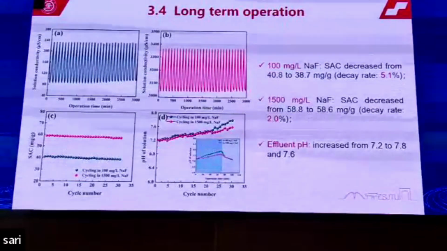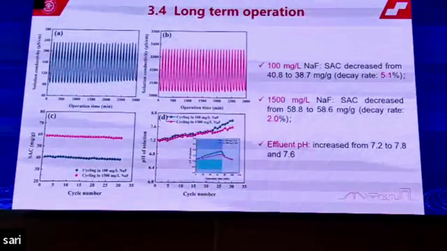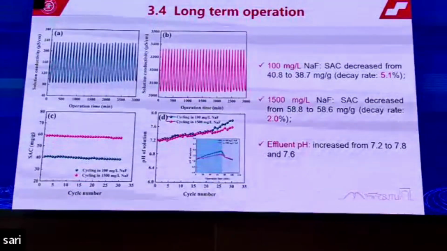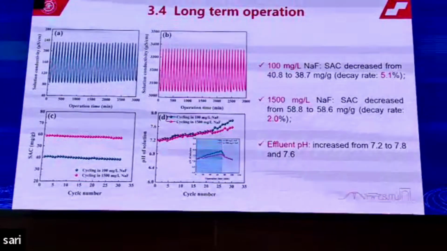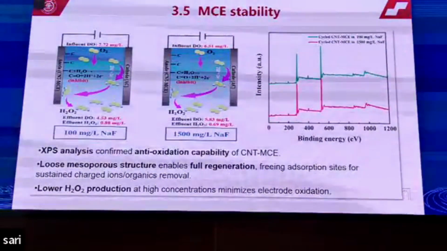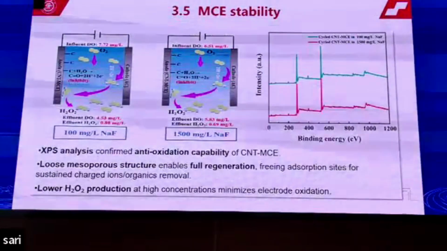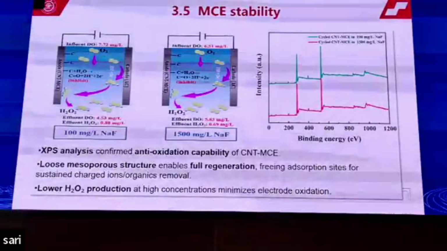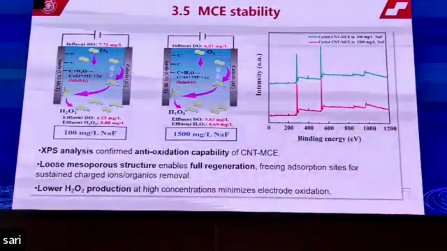So when we further investigate the performance in the long-term operation, we can find both of these CNT and MCE can be used for more than 30,000 minutes. For the further mechanism, the XPS result shows its structure was almost stable without obviously component changed.